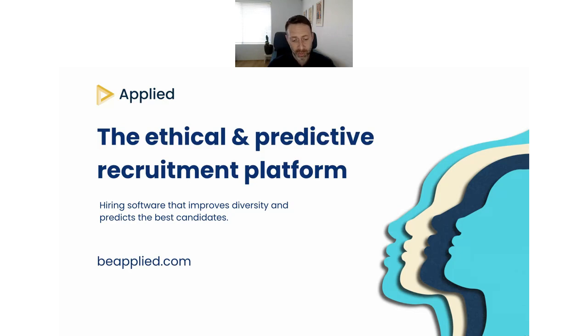But what we try and do is really focus on getting you really high quality of hire and also leveling the playing field to make it as inclusive process as possible. And in order to get the business benefits of building diverse, high-performing teams.